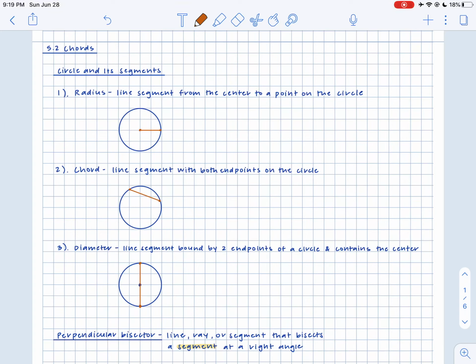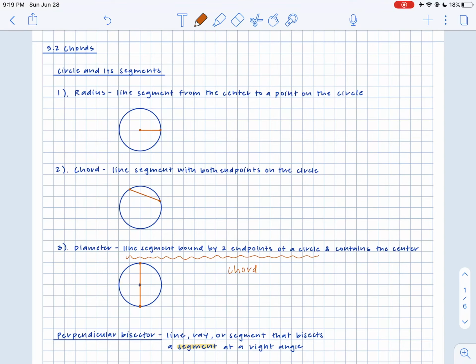Now the third one is a diameter. This is a line segment bound by two endpoints of a circle and contains the center. So you see here, it is bound by two endpoints that are on the circle, and it contains the center. If you look closely at the definition, a line segment bound by two endpoints of a circle should remind you of a chord, where a chord is a line segment with both endpoints on the circle.